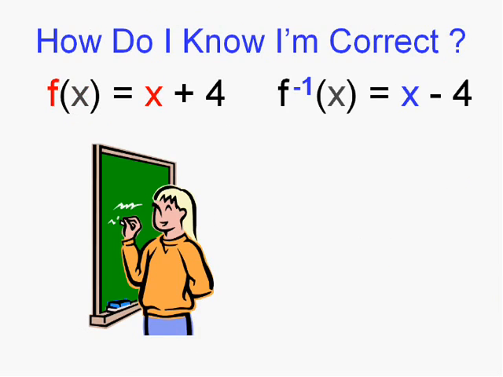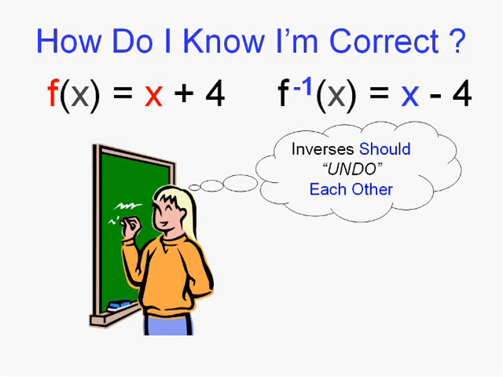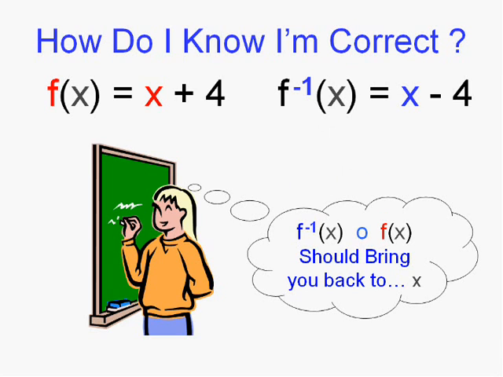Interestingly enough, you can test whether you've found the correct inverse function by doing something we just covered called compositions. If we compose the inverse function with the original function, or f inverse of f of x, it should bring us back to x.